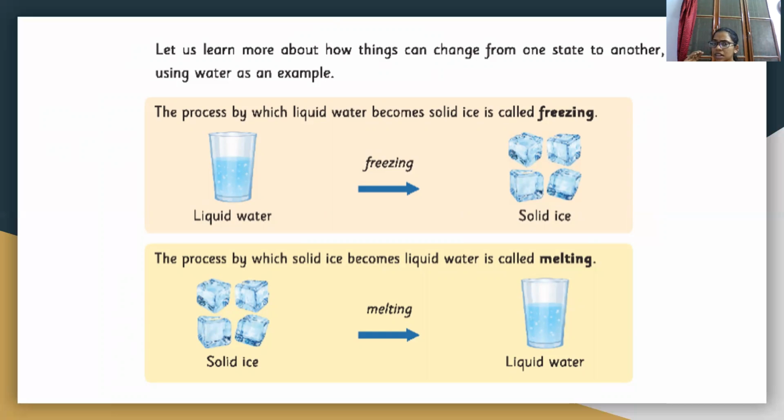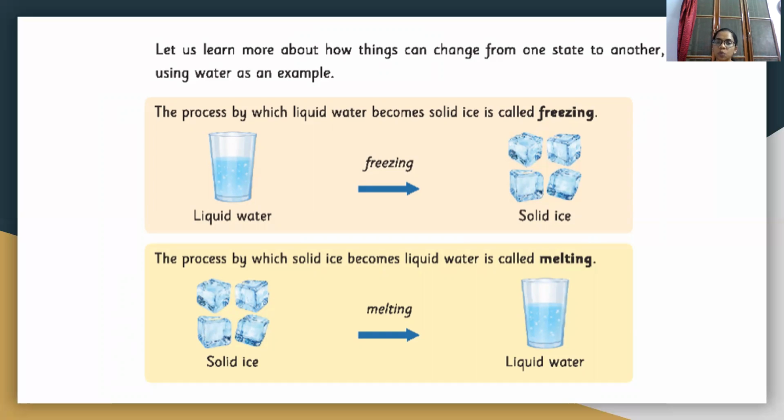So, the liquid which is kept in the bottle or a glass, we can do the process of freezing the liquid, which converts into ice, solid ice. So here the liquid, that is water, is converted into ice, that is solid. This process is called freezing.